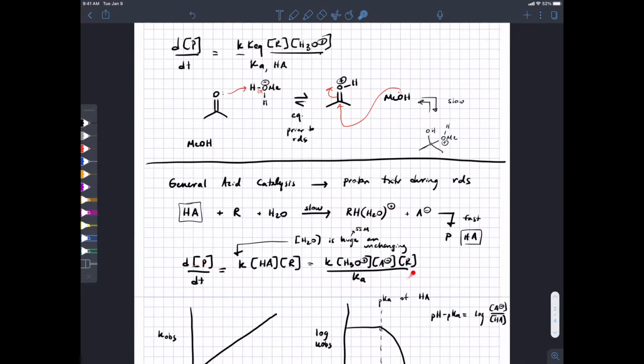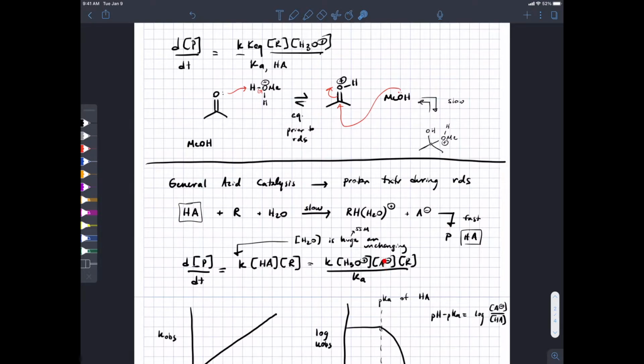Compare these two rate laws. Compare this to this. Aside from the constants, what's different? H3O+ and R both appear there. What isn't here that is here? Well, the Keq is in the first one. Are there any concentration terms that are present here or here that aren't in the other?